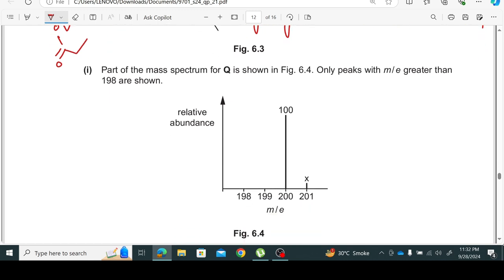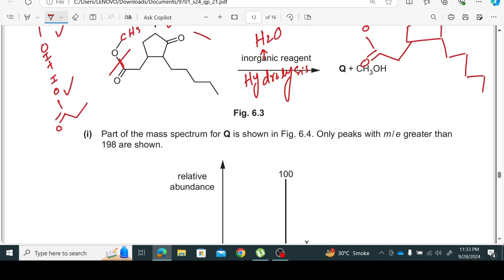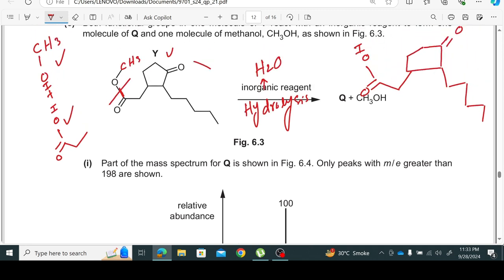Part of the mass spectrum of Q is shown in figure 6.4, and only peaks with m/e greater than 198 are shown. So these are the peaks greater than 198: 199, 200, 201. Its relative abundance is 100%. So 100% is your total compound. And the question is the relative abundance of X, the peak at m/e 201.